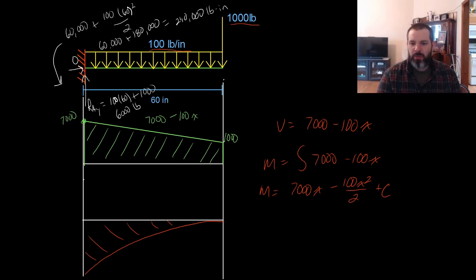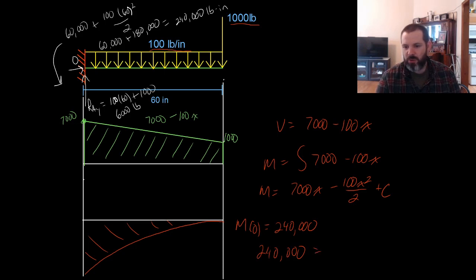We know the moment at 0 is equal to 240,000. So we can say 240,000 is equal to 7,000 times 0 minus 100 times 0 squared over 2 plus C. We know that C equals 240,000.